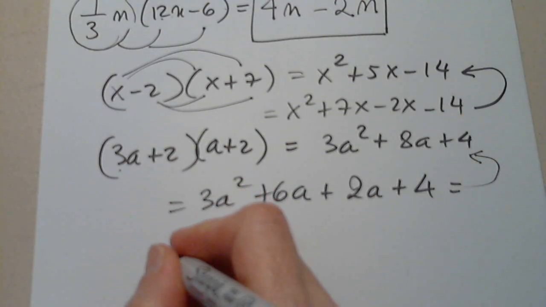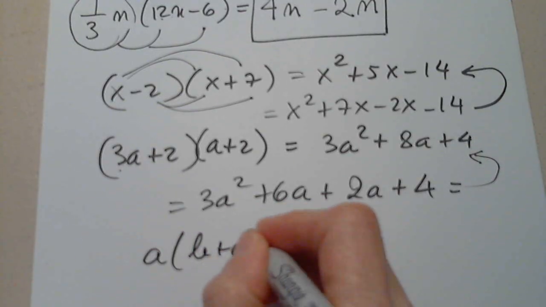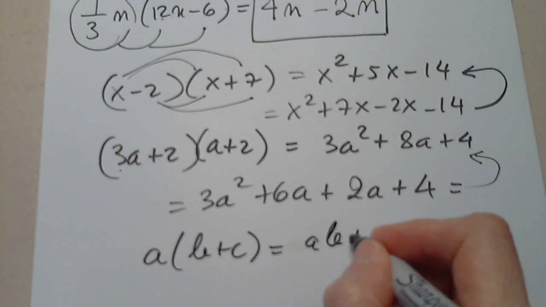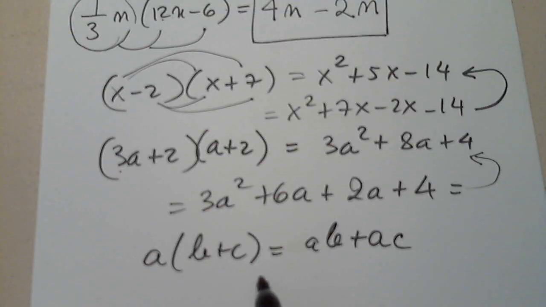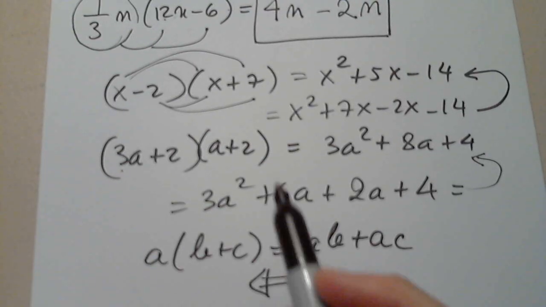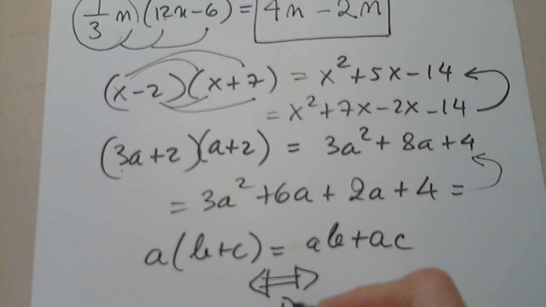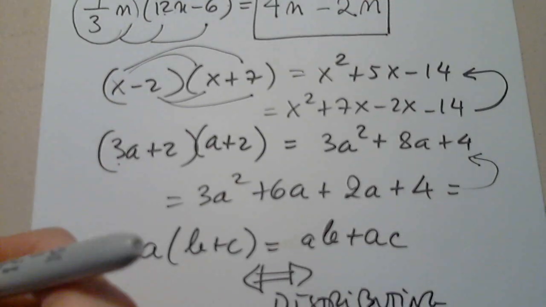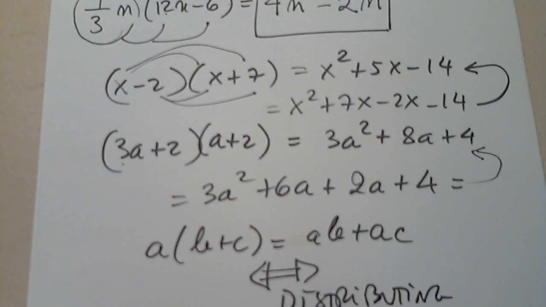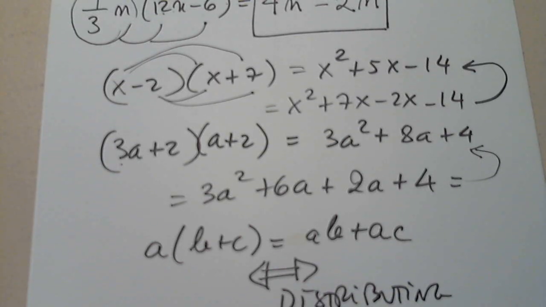If you remember, we said that the distributive law is a(b plus c) equals ab plus ac. But we also said that in this direction we are distributing, but in this direction, we are factoring. So factoring is a major issue. We have to understand that.